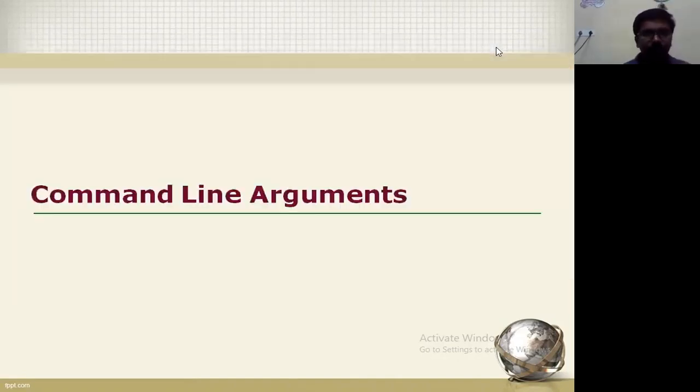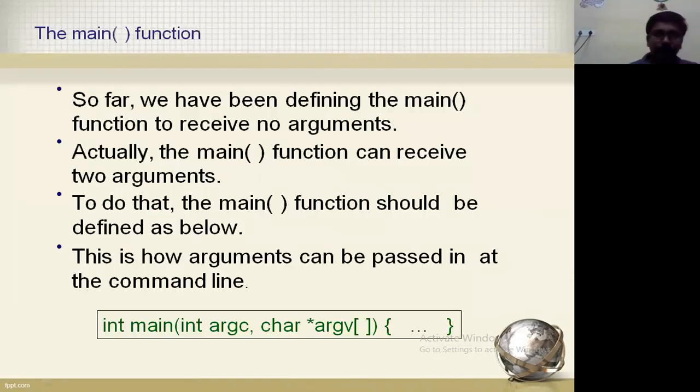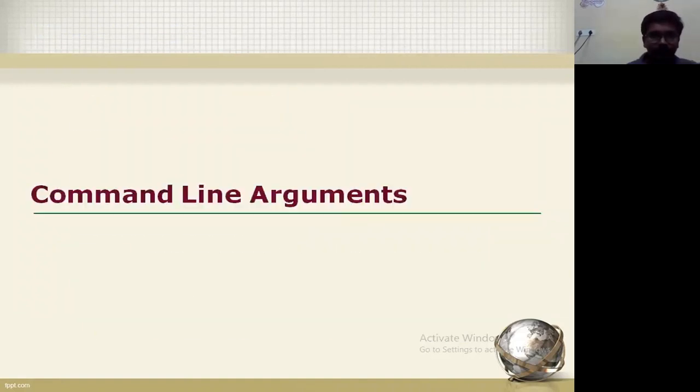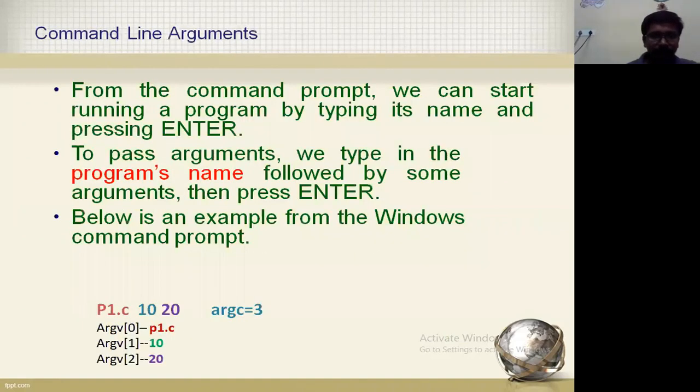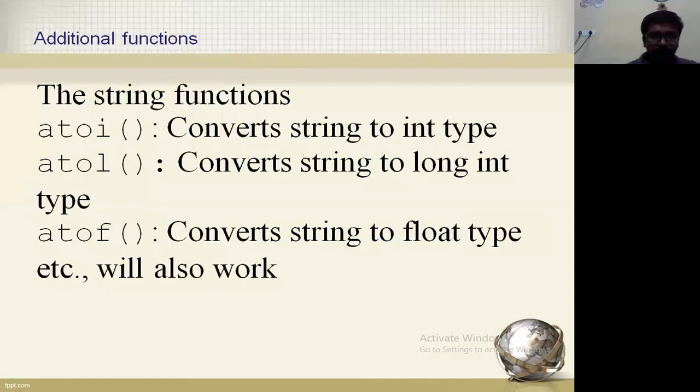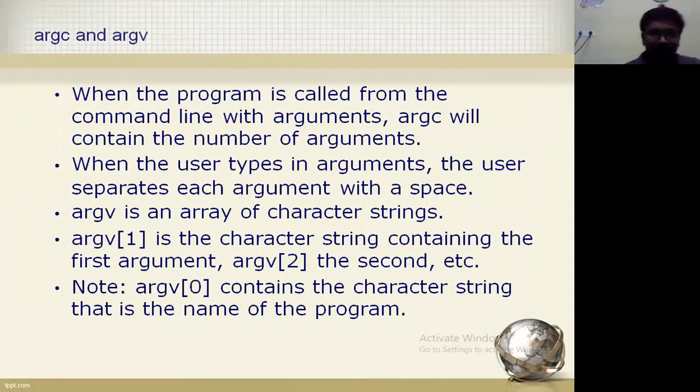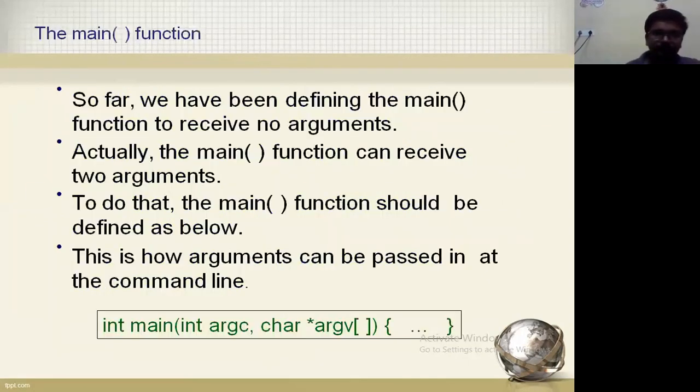That is the benefit of command line arguments. Let us verify. It's very simple and very important. Please, all of you listen very carefully. It's very important from the exam point of view as well as the technical point of view.